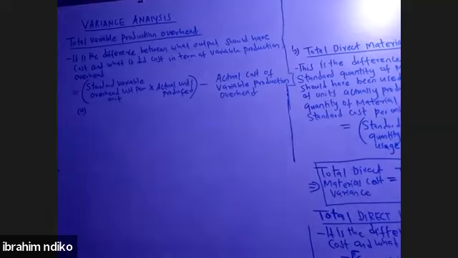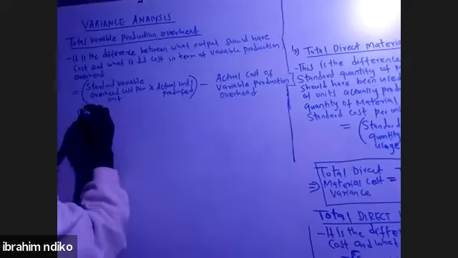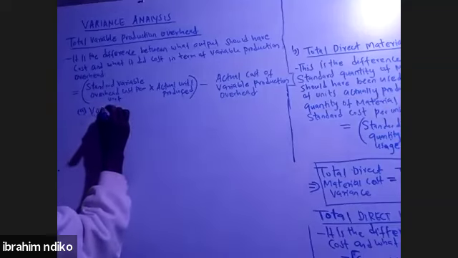So apart from the formula, we have some parts. The first part we can talk about is variable overhead expenditure variance.